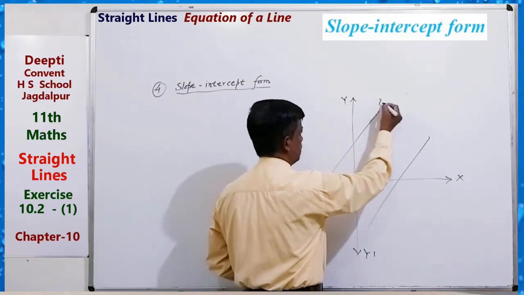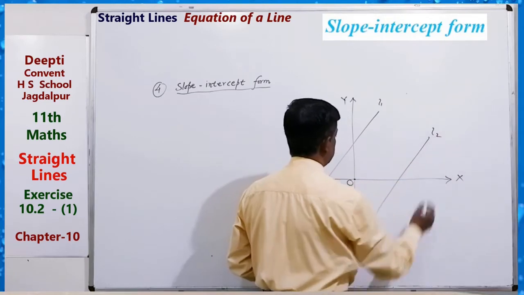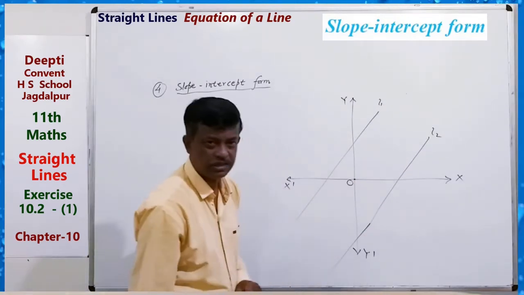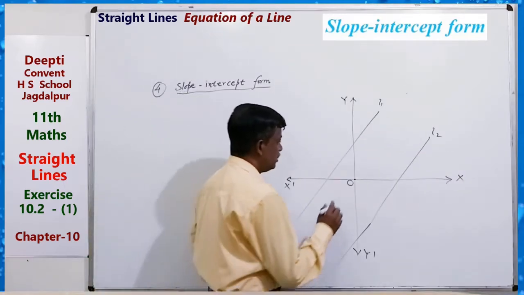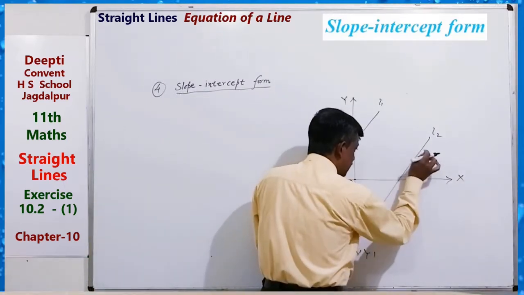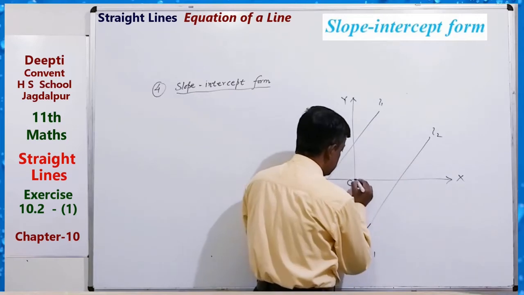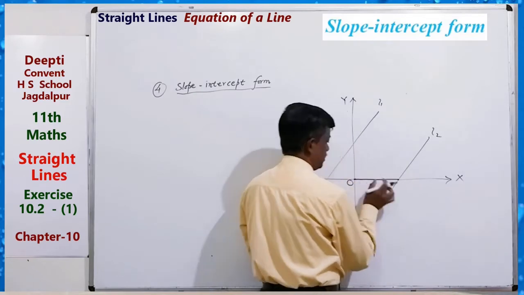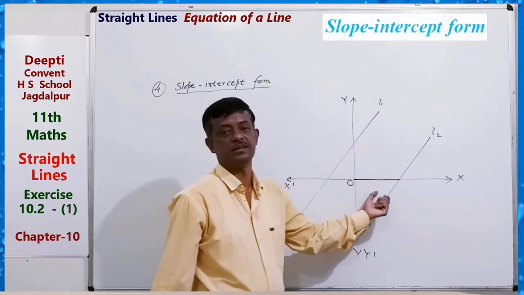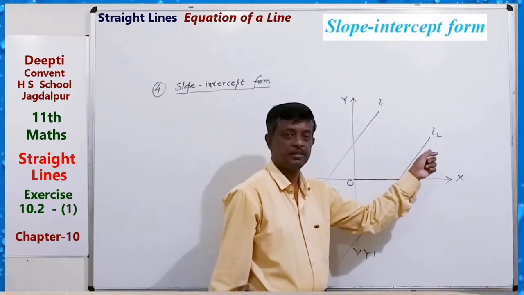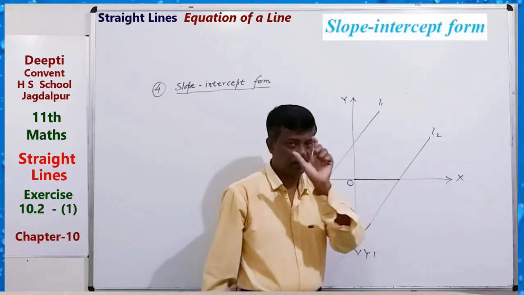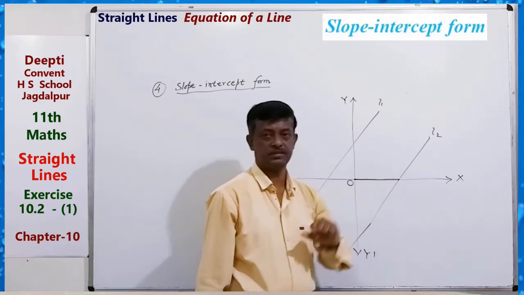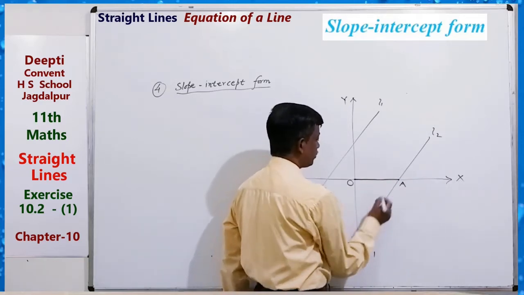This line is L1, this line is L2. Intercept means, on the x-axis, this value is the x-intercept of this line. This line makes intercept OA on the x-axis.